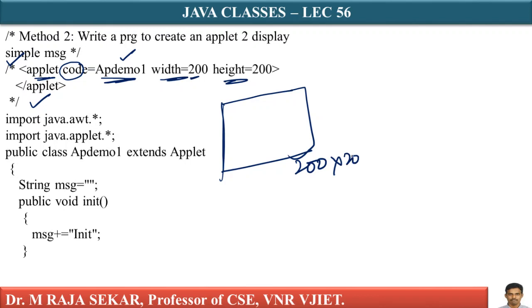Of course, if you want, you can resize it after getting output. This is simply the same program which I discussed in my previous class. The only difference is I am keeping the HTML file in the applet code itself. There is no separate HTML file.